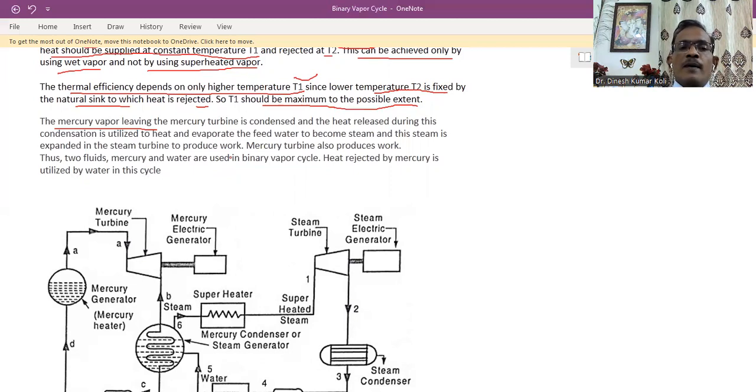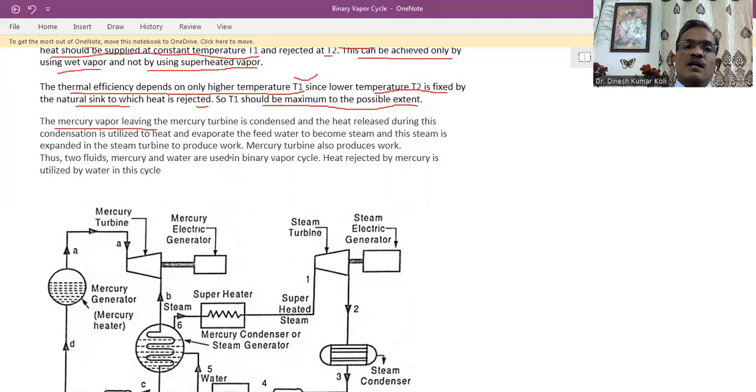So the pipes carrying the steam are subjected to high temperature as well as pressure. The metal can bear only a maximum temperature of 650 degrees centigrade, but not very high pressure. But to achieve the maximum temperature in steam, it is not possible at lower pressure. We have to attain very high pressure. So this is the difficulty in the steam cycle.